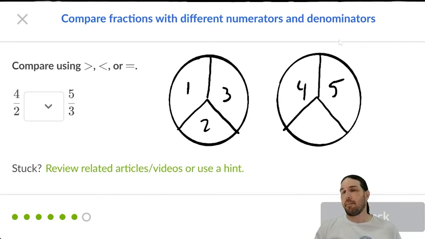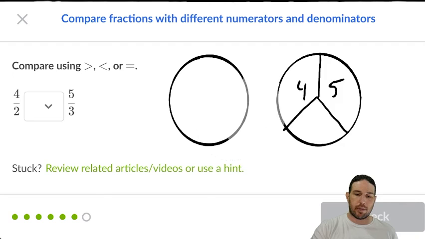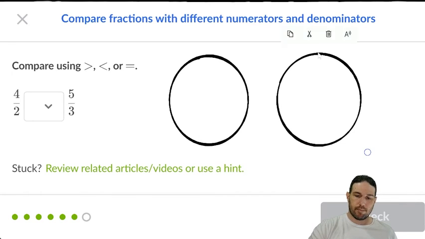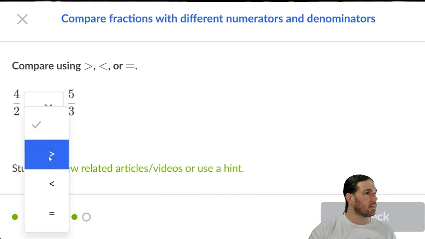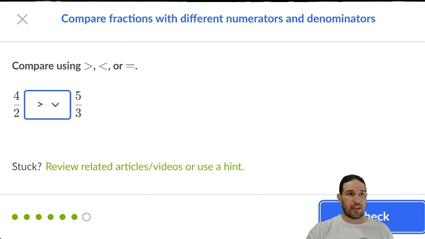So now instead of comparing things to 1, I was comparing them to 2, and 5/3 comes up just a little bit short. Four halves is greater than 5/3.